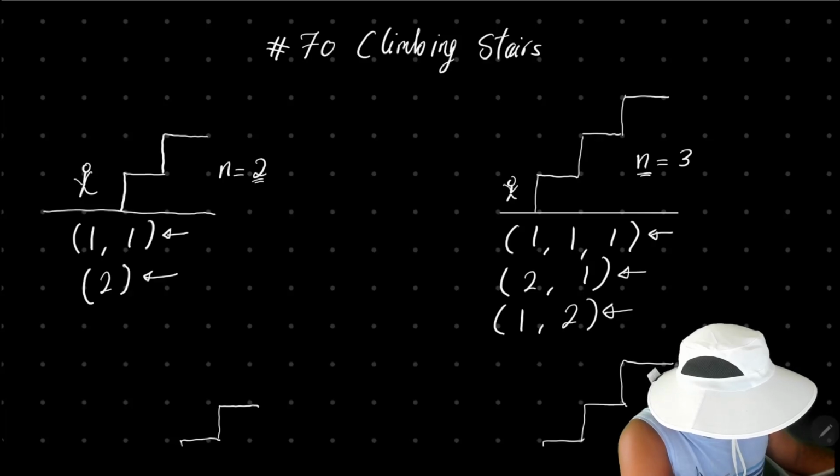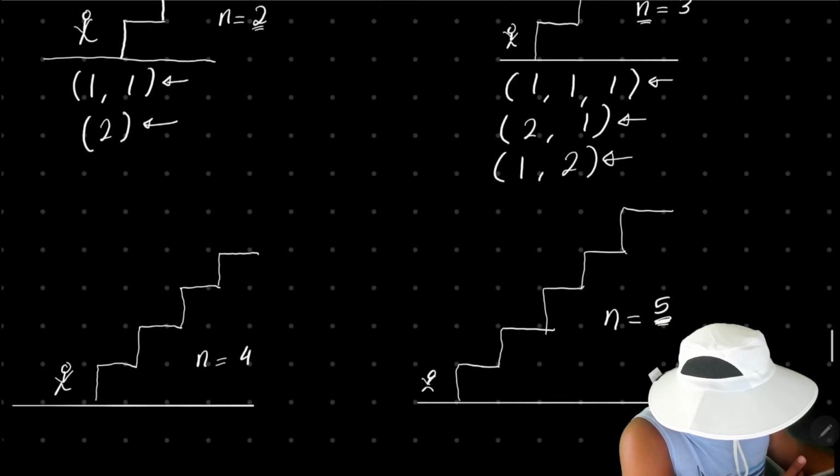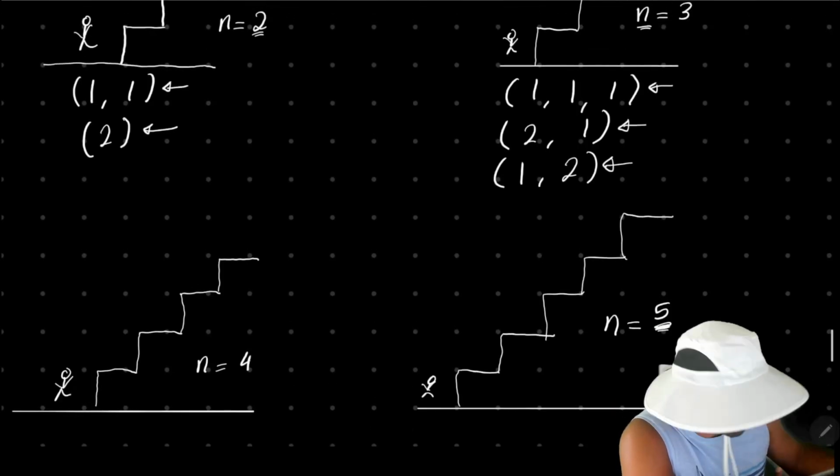Now, what's the problem? Can we do this for every single n? It seems like it's a lot of work, right?